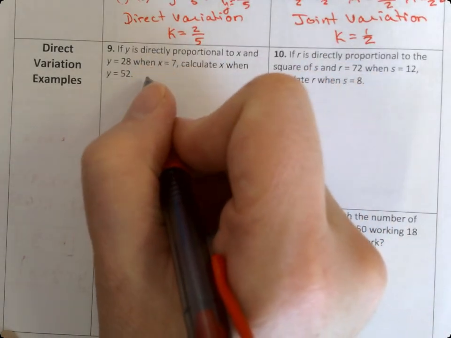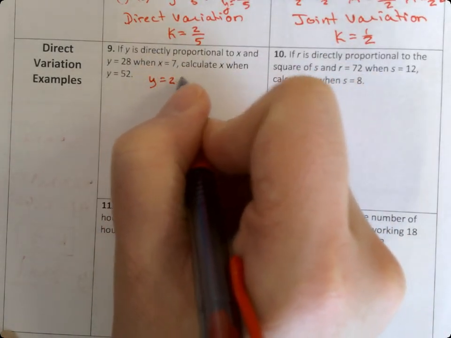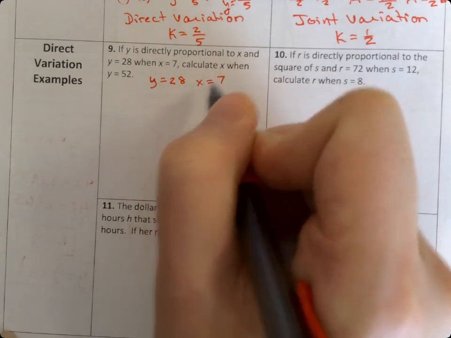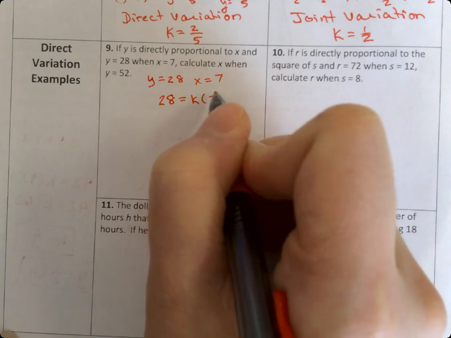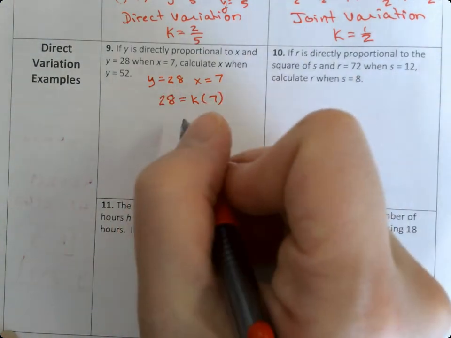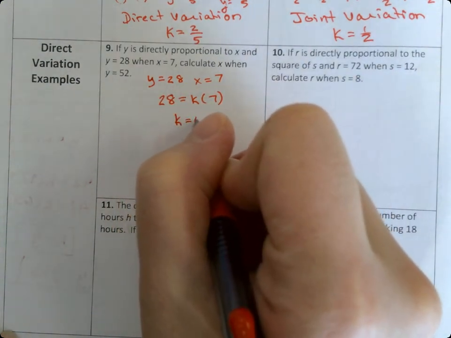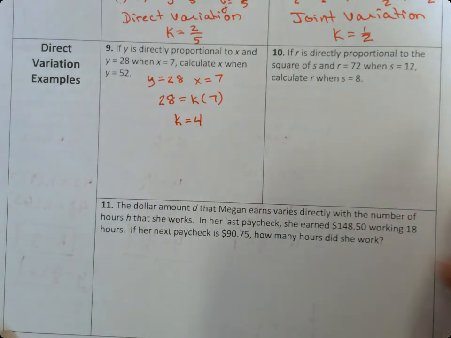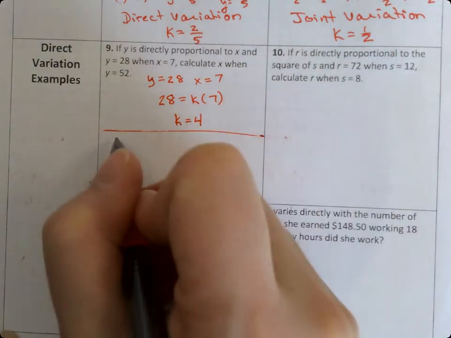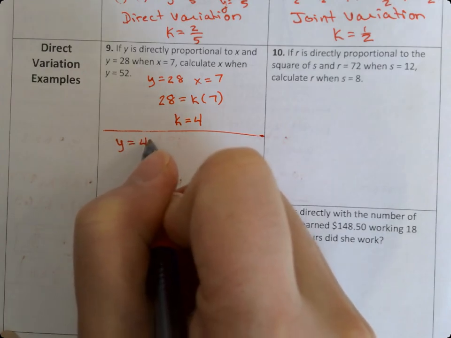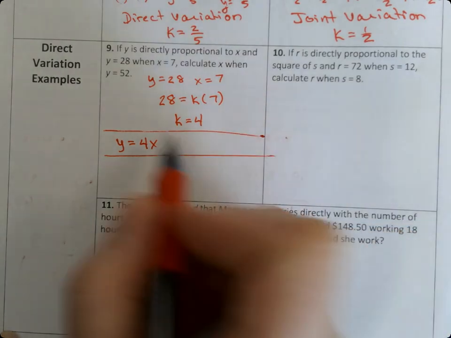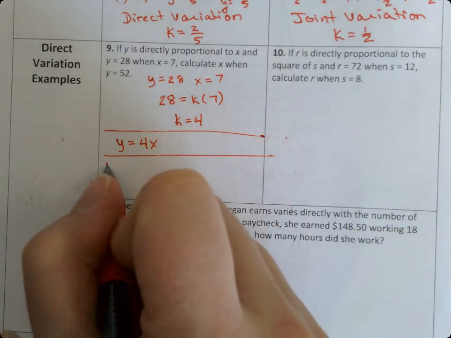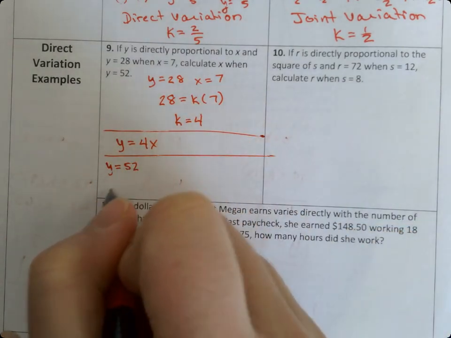The first method is to take your y equals 28 and your x equals 7 and find k. So 28 equals k times 7. And then divide by 7, what's k equal? 4. So then I would write my equation, y equals 4x. And then I would do the second part of my problem, and it says when y is 52, find x.